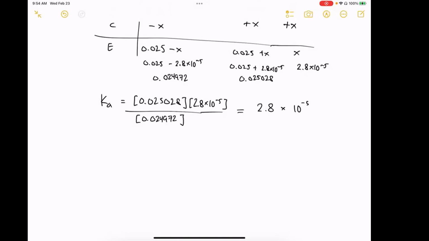So you can just equate these to 1 because they're close to 1, and it's 2.8 times 10 to the negative fifth. So that's all the calculations that you probably had to go through.